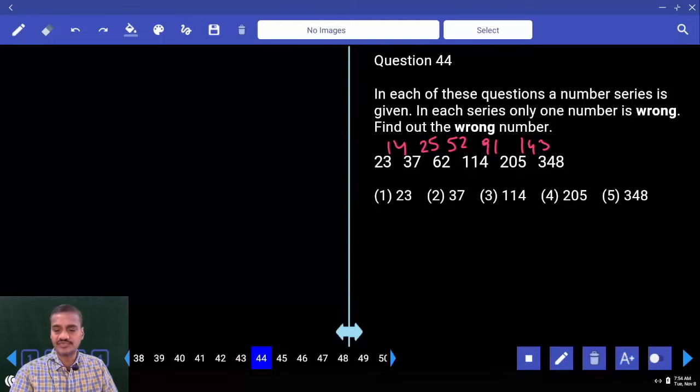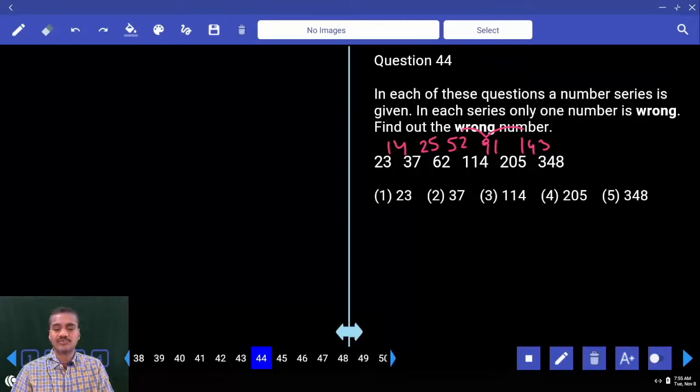Now if you check here, 52 plus 91 gave 143. And 25 plus 52, what should it be? 77. And 14 plus 25, no. Let us look at the differences between these.